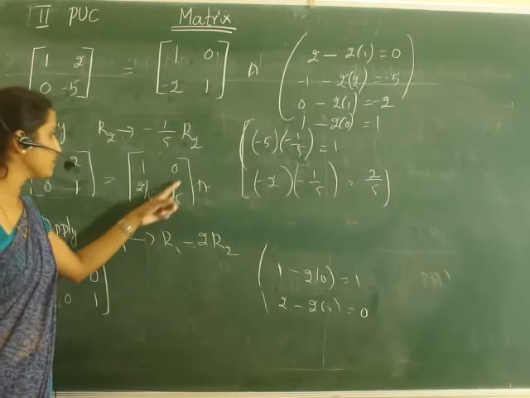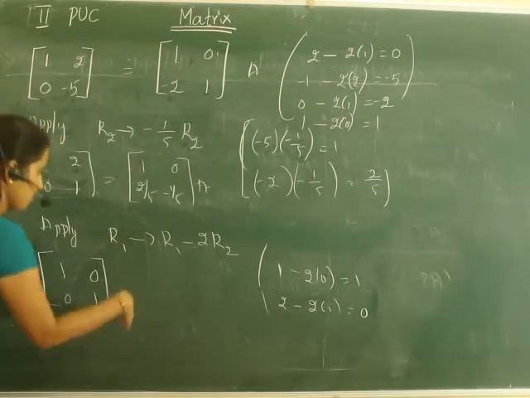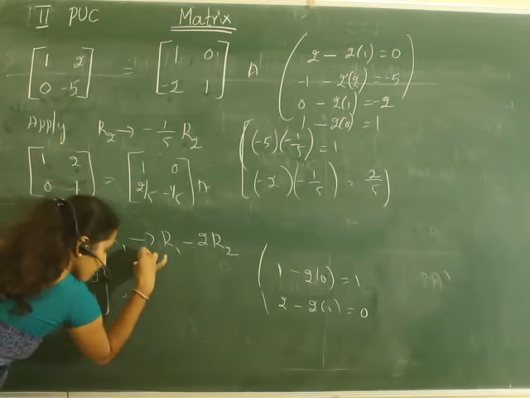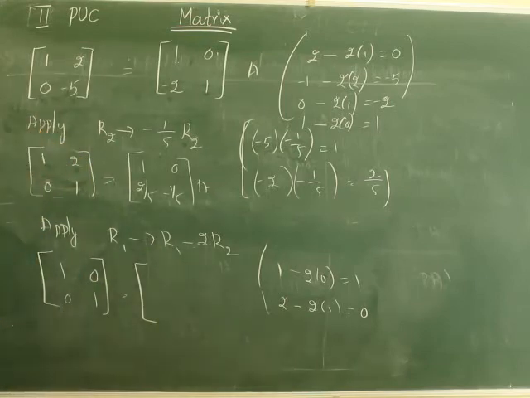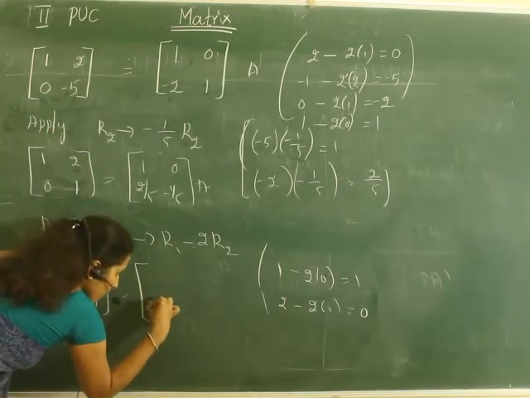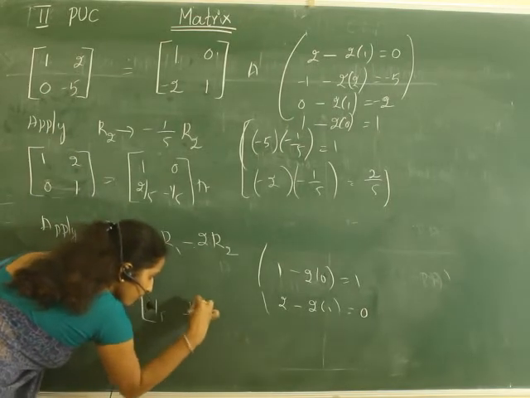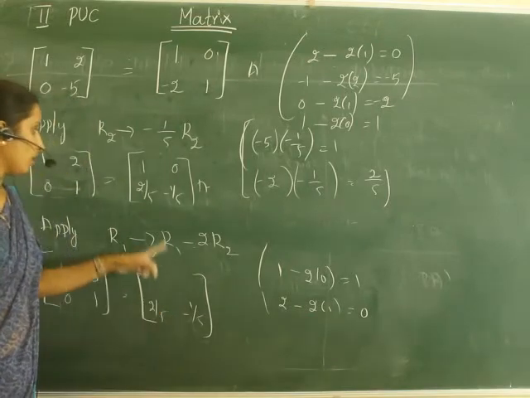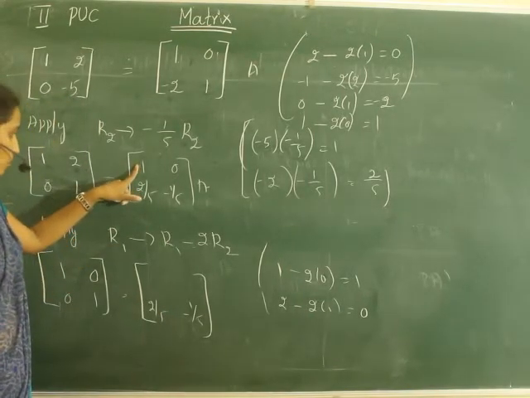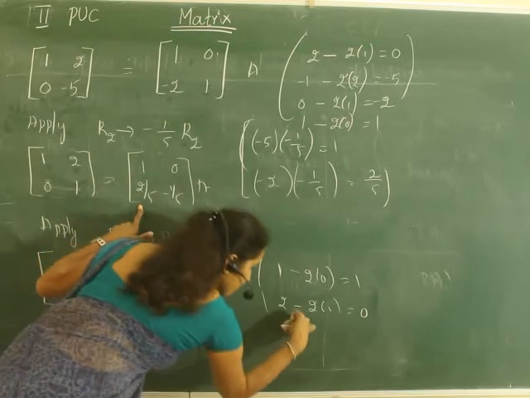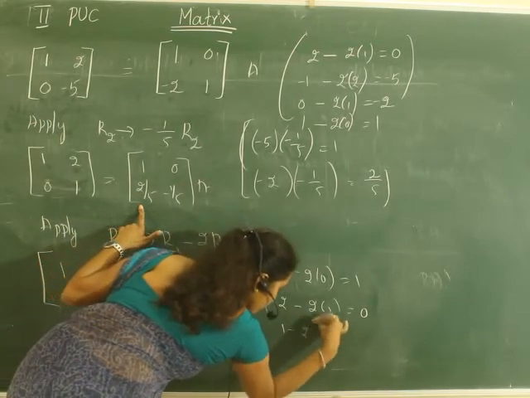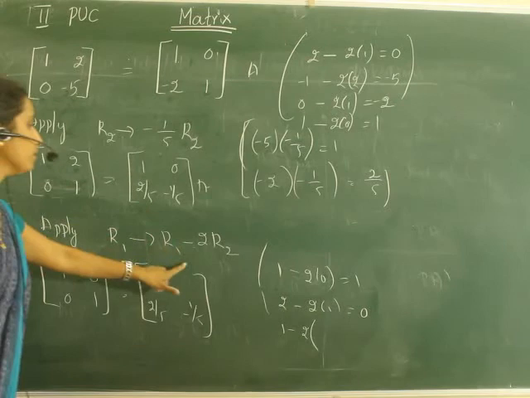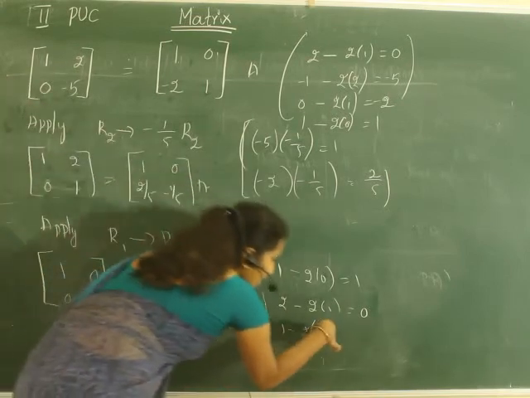Here also I am changing only the first row. Only the first row, so I can write the second row as it is: 2 by 5, minus 1 by 5. If I change the first row, 1 changes to 1 minus 2 into 2 by 5.